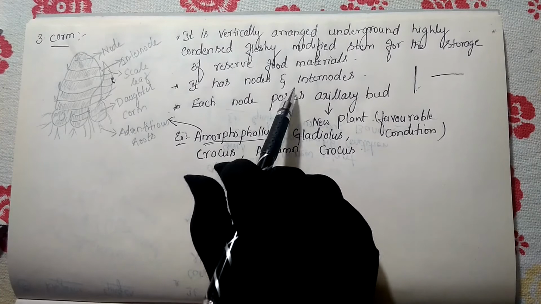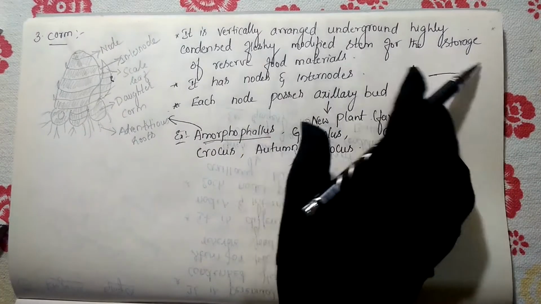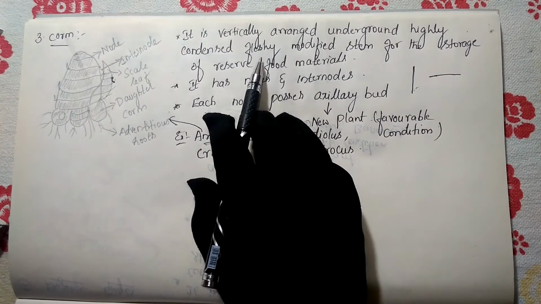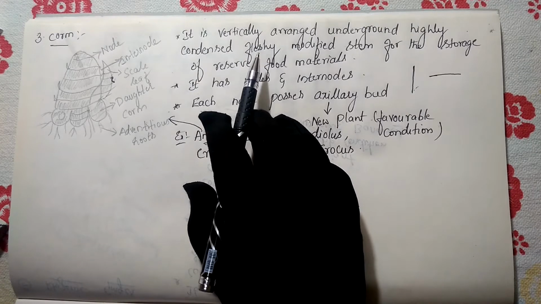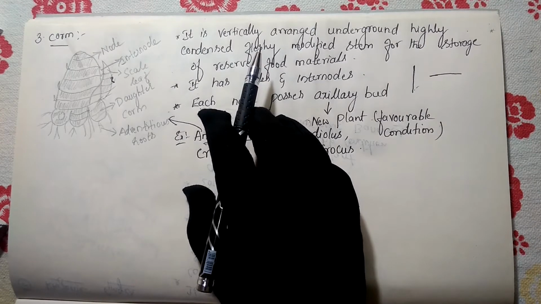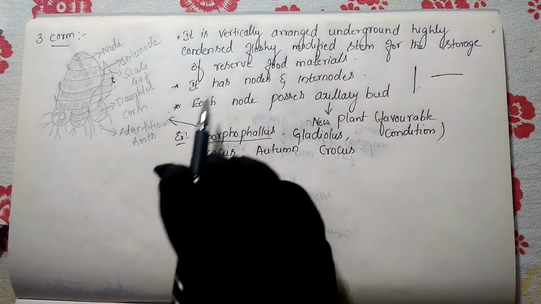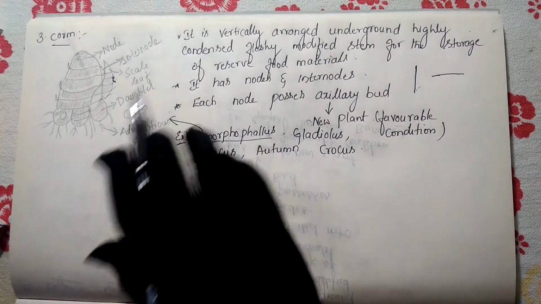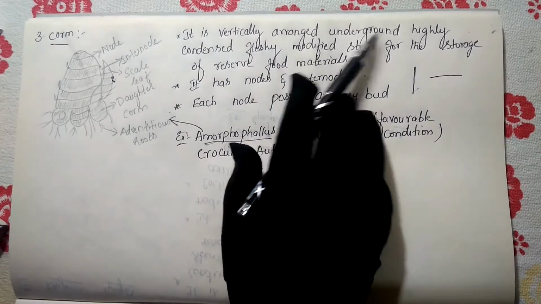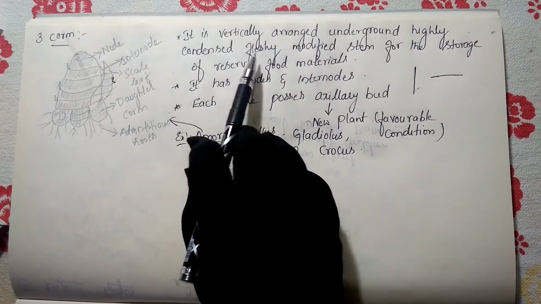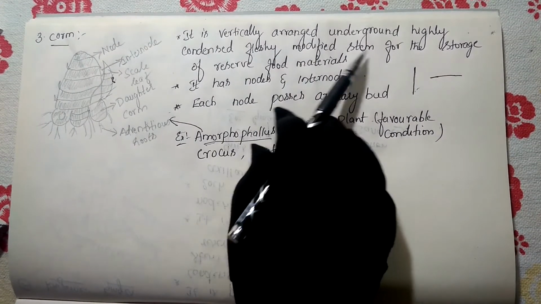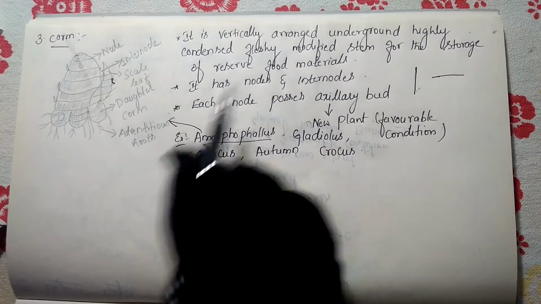But here it has modified itself for the storing of food, and it is highly condensed and fleshy. Fleshy means it is not dry, it is succulent. So it is a vertically arranged underground condensed fleshy modified stem for the storage of reserve food material.